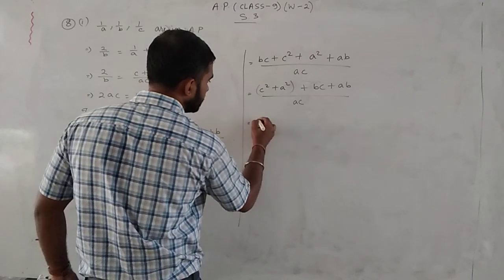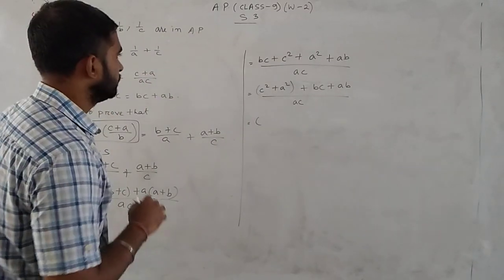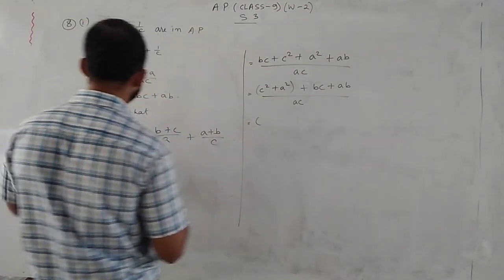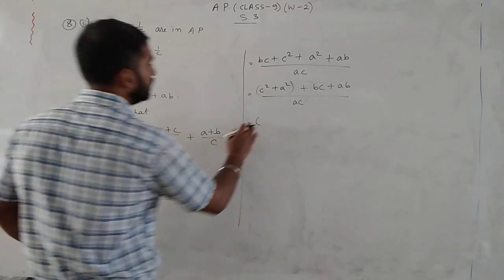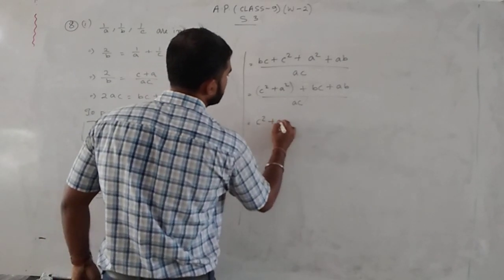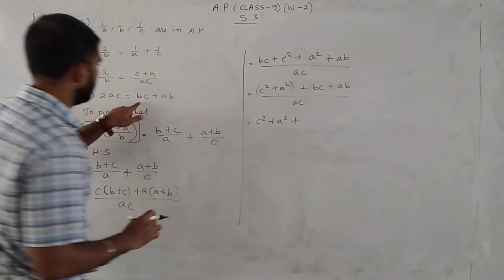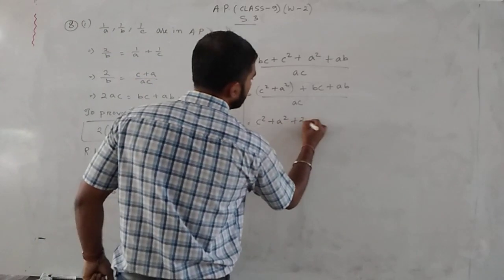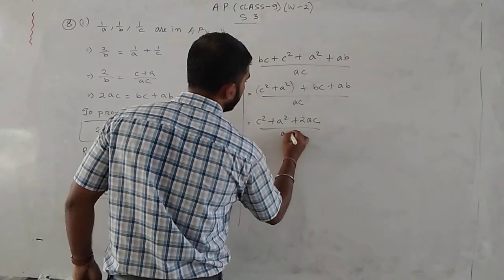Now C square plus A square means BC plus AB. Okay, simply C square plus A square plus BC plus AB means twice of AC by AC.